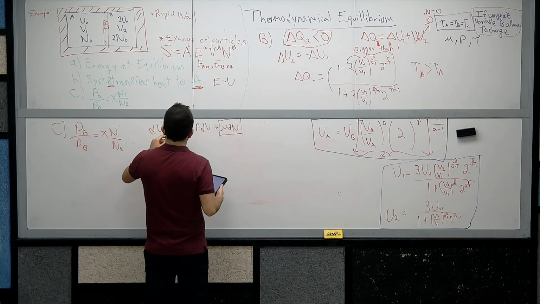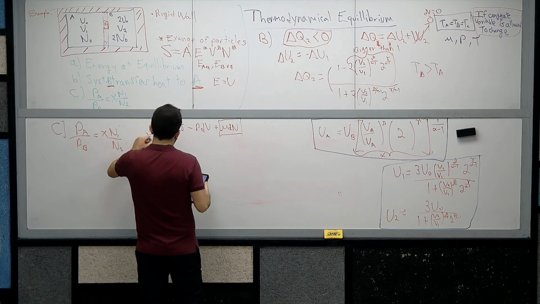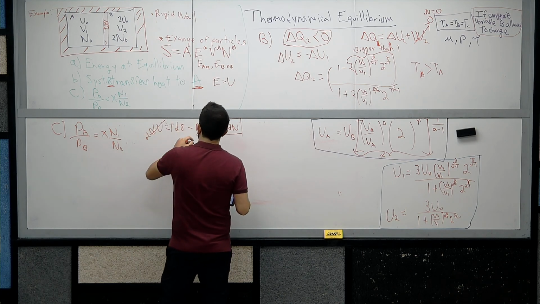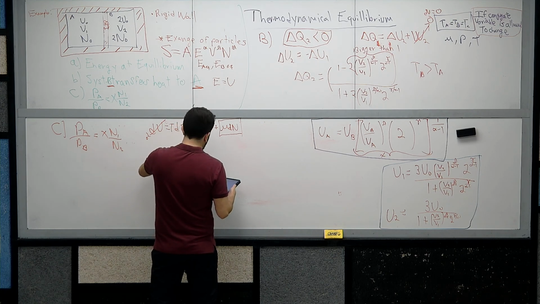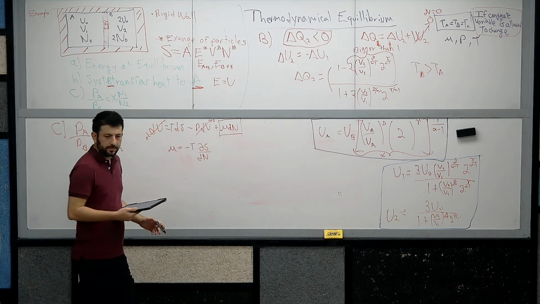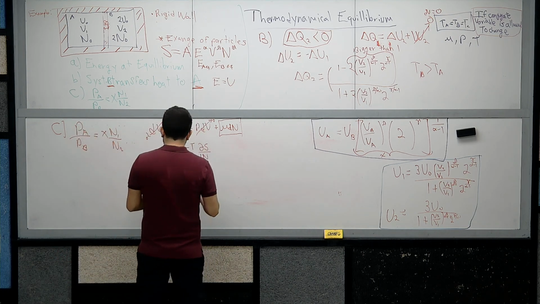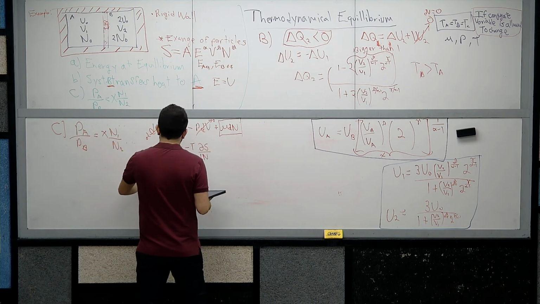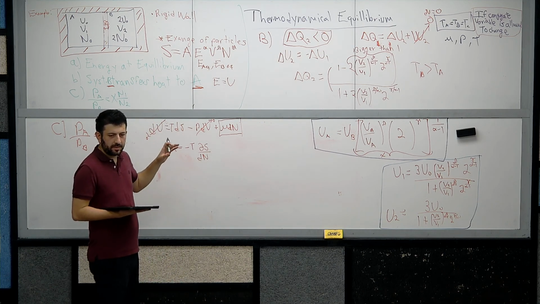So if we have constant energy and constant volume, we have that the chemical potential is given by minus T dS over dN, right? Agree? Okay.